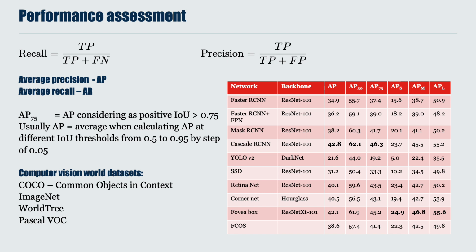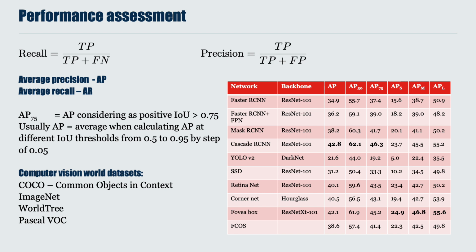So usually when you say AP 75, that's average precision for a positive IOU of above 75. So you get your precision for all your different images, only considering a positive sample if the IOU is more than 0.75.